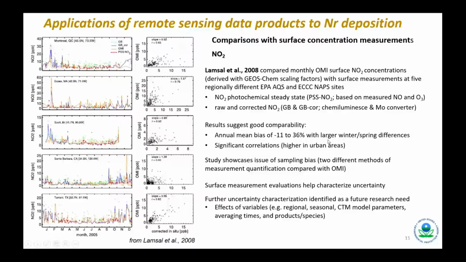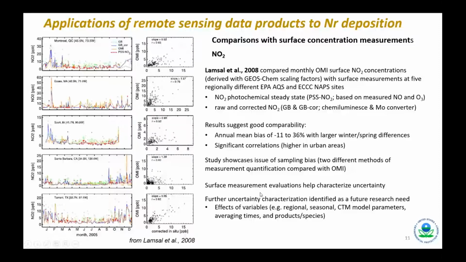They analyzed this for winter-spring differences, so seasonality. They found significant correlations, higher in urban areas, which makes sense for NO2. They used 2 different types of NO2 measurements, which showcases the issue of surface sampling bias with just traditional monitoring methods.